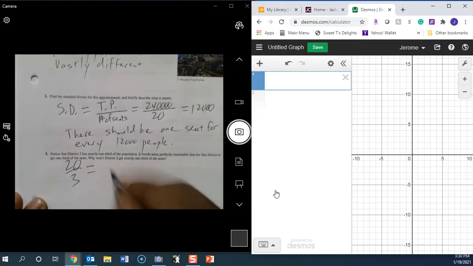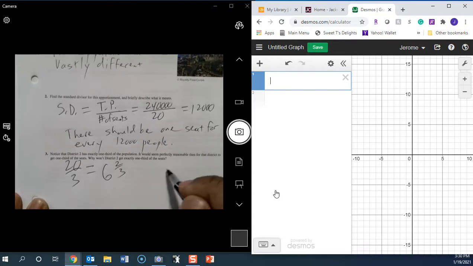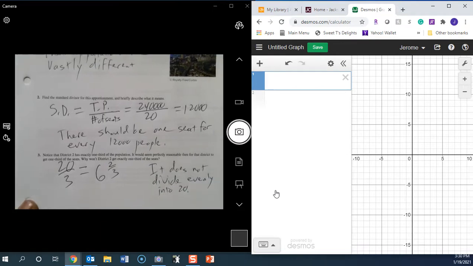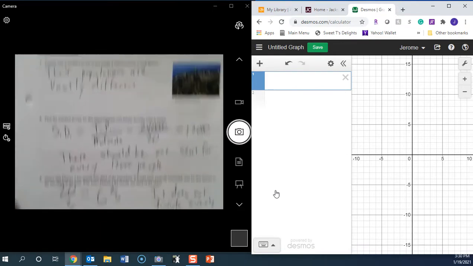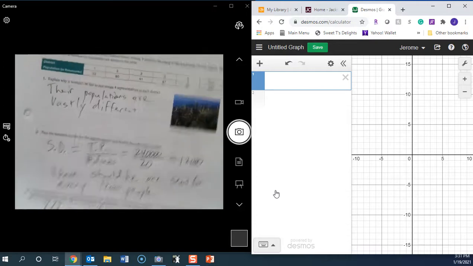But when you divide this out, this becomes 6 2/3. And the reason why District 2 would not get 1/3 of the seats is because it does not divide evenly into 20. Because you cannot get 2/3 of a seat.